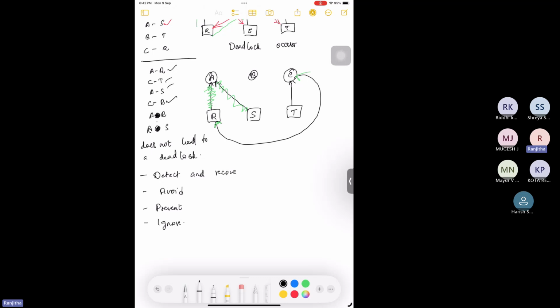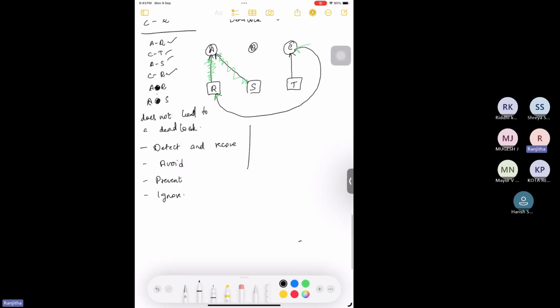So how can we detect the deadlock? How do we detect whether the system is in a deadlock situation or not? One way is, for example, if we have only single instances of the resources, we can easily draw the resource allocation graph and then check for cycles.